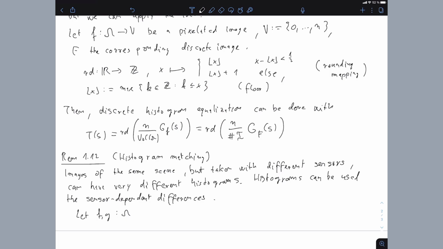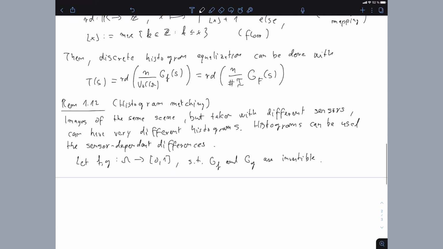So now let's consider again two images. For being able to apply this histogram equalization from before, we need to assume that these CDFs are invertible.